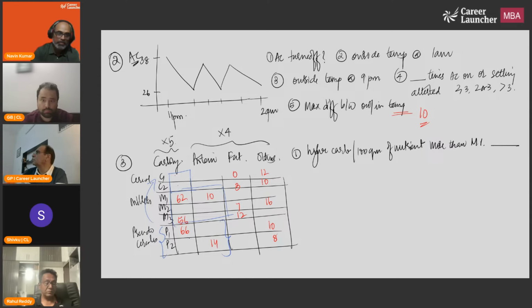So it was basically P1, P2, C1, C2, ये चारों ही आए थे. जहां तक मुझे याद है इसका answer 4 था. M2 did not turn out to be more than 62. Or did it?